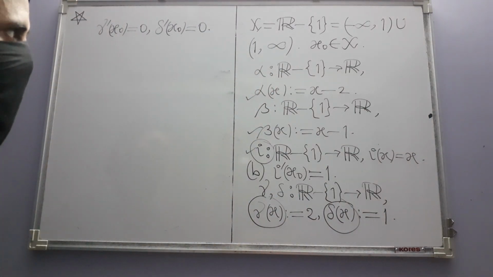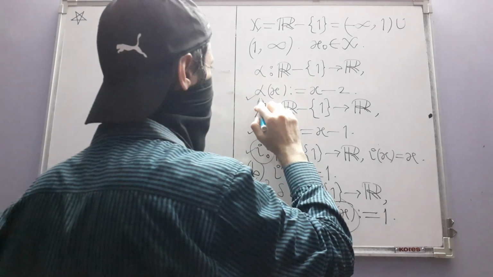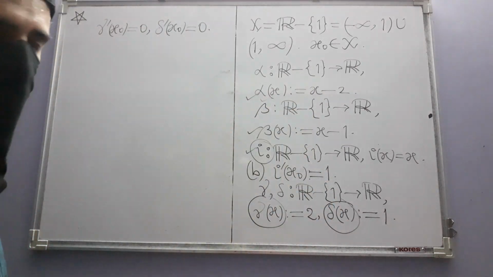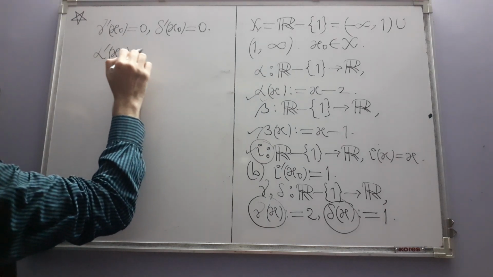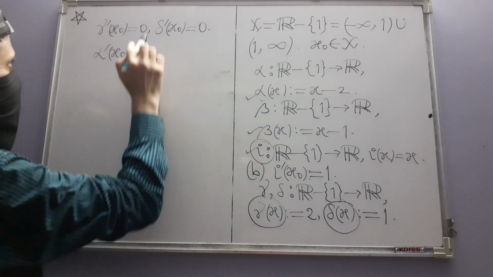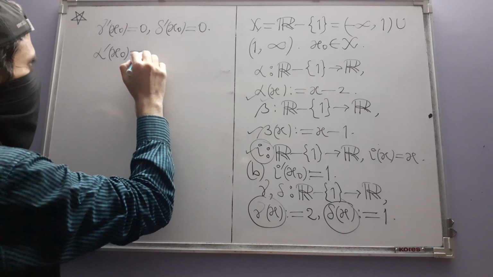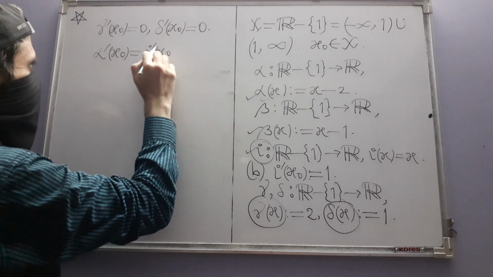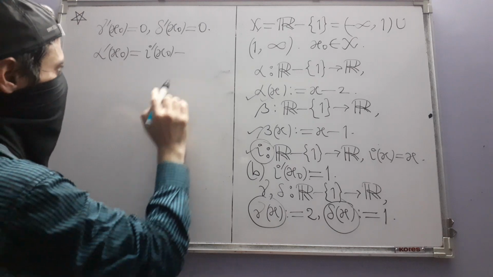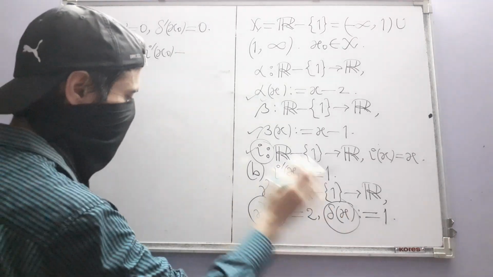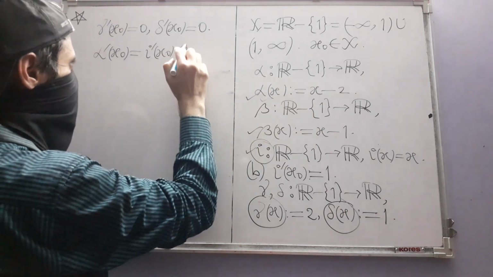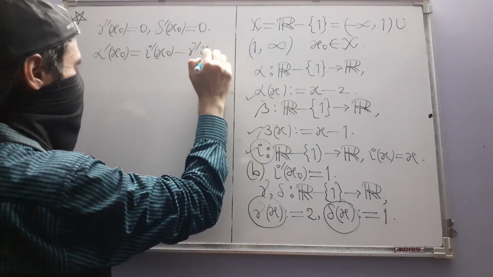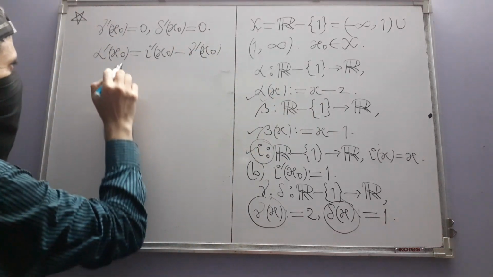It tells us that alpha is differentiable at x naught and alpha prime of x naught is simply equal to I prime at x naught minus gamma prime at x naught.